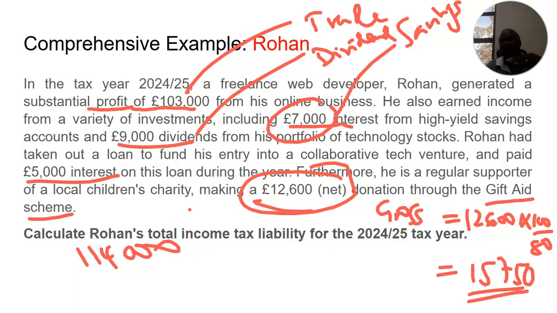So you simply donate 12,600, but in the eyes of the taxman, for your generosity, the taxman is going to say you have actually donated 15,750.